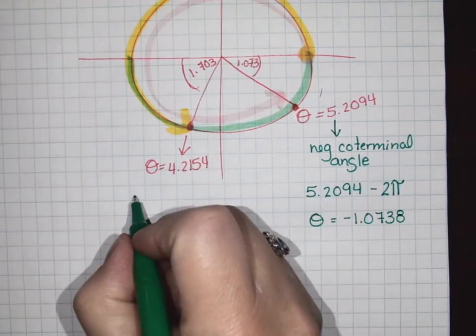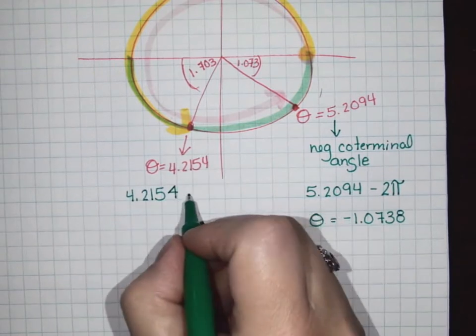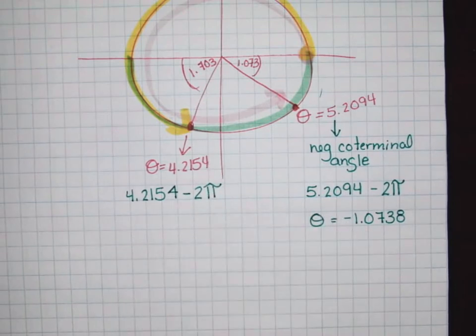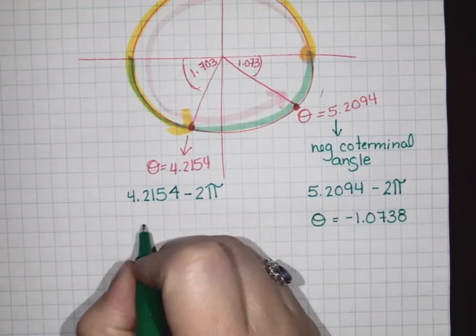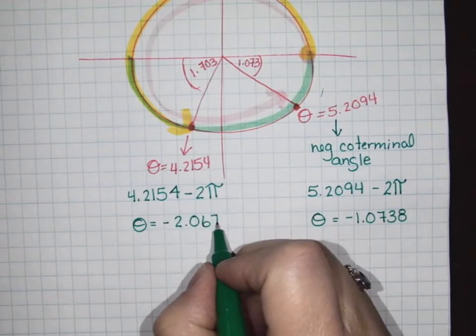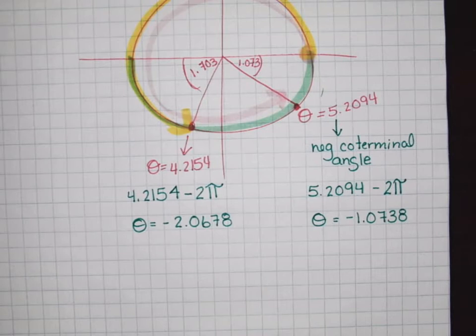Okay. So this one's going to be, if I want to find the negative reference angle for here, same thing, I'm going to minus 2 pi from it. Are we done now?